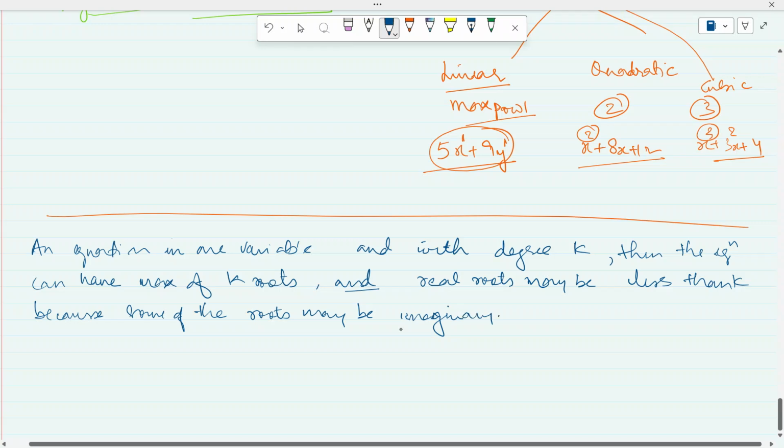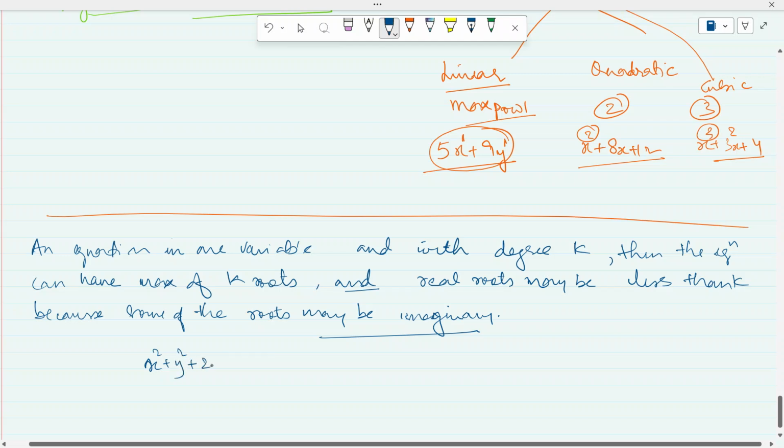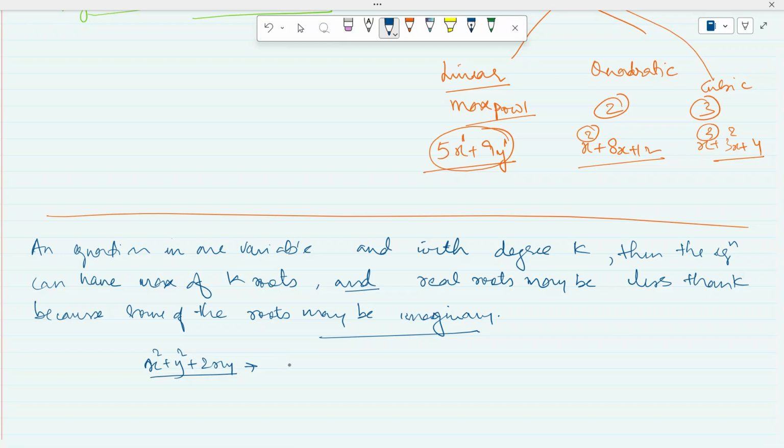Suppose, the intuitive proof for this is, let us say we have written something like x² + y² + 2xy. We can factor it, we will see factoring next, but for the sake of this explanation, we assume that this equals this, so basically this can be factored as this times this.